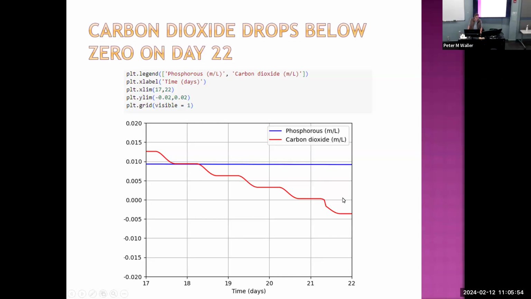Somehow carbon dioxide near zero triggered more rapid cell growth, which also resulted in more simulated carbon dioxide removal from the algae culture. This type of error is very typical in coding, where you really didn't do anything wrong. It's just that there's a numerical error inherent in the algorithm. So we're going to have to add in some code that prevents nutrients from dropping below zero.